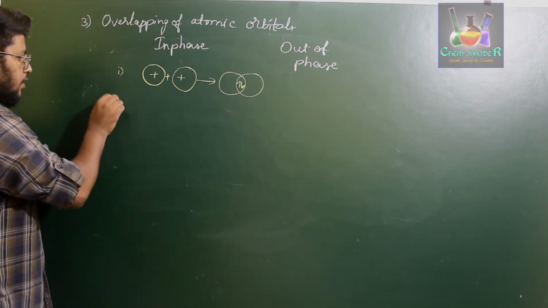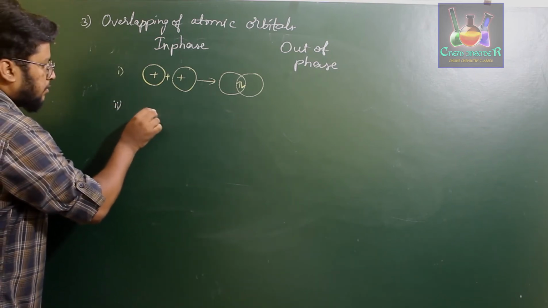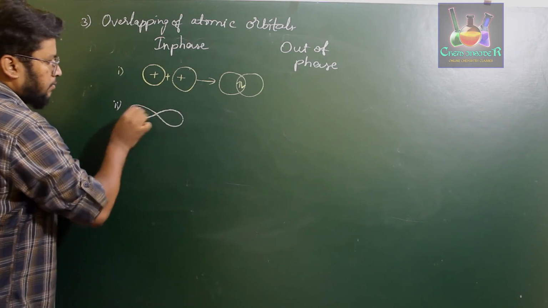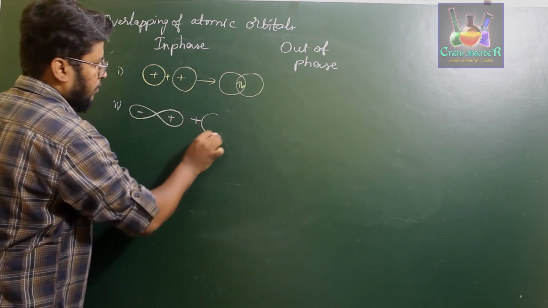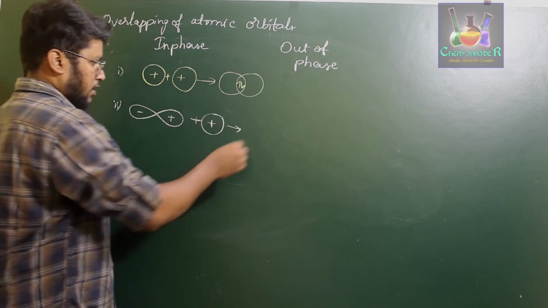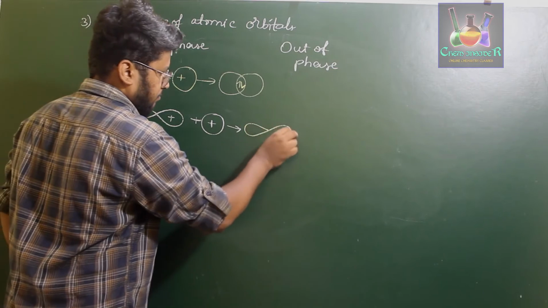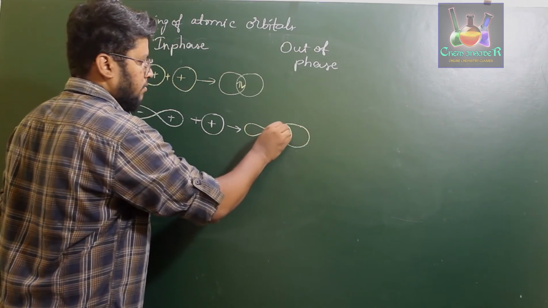Now the second case, in-phase overlapping of p and s orbital, will yield a geometry like this, that is, hybridization like this with two electrons.